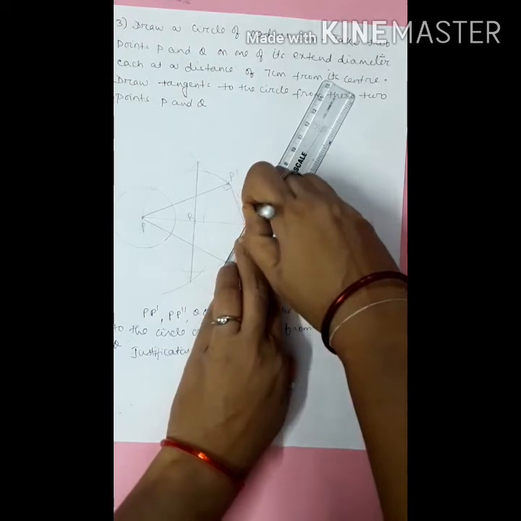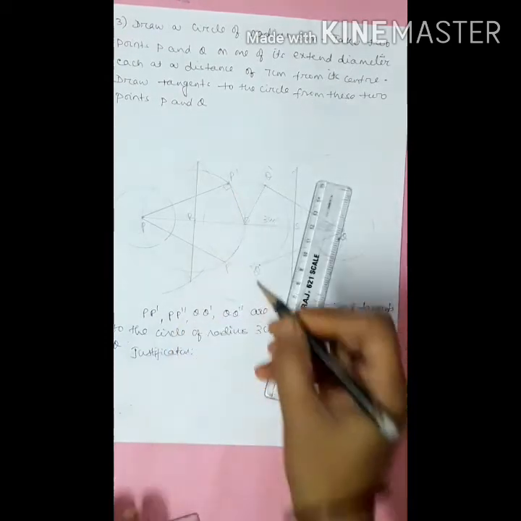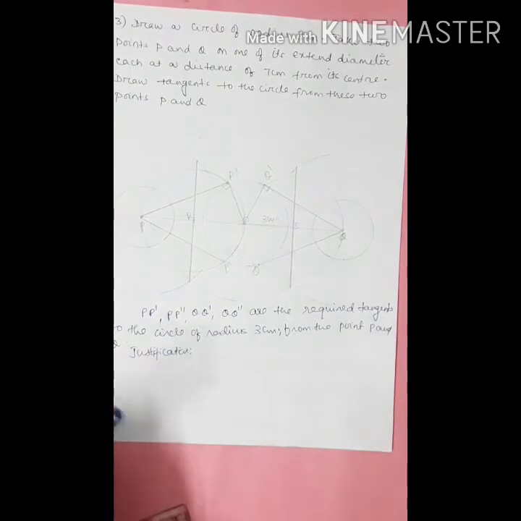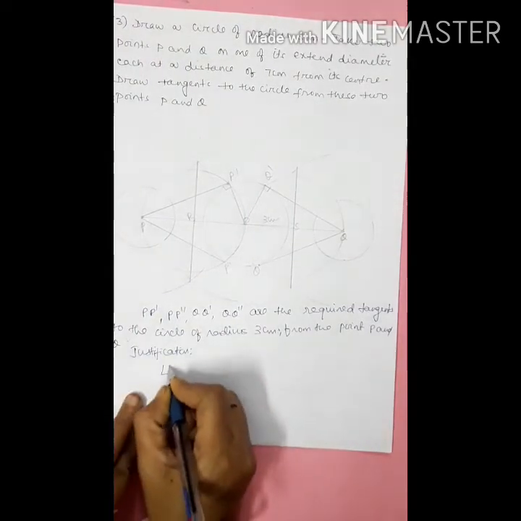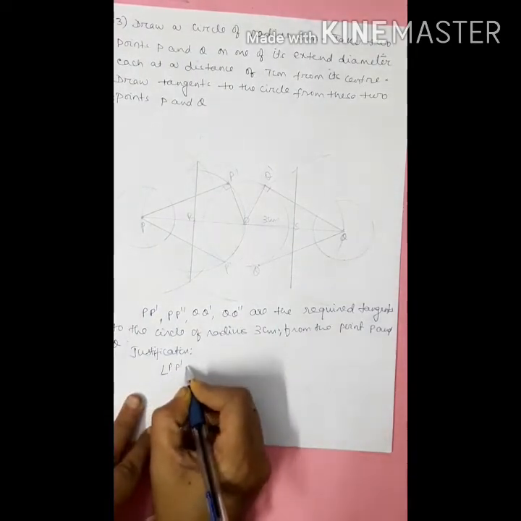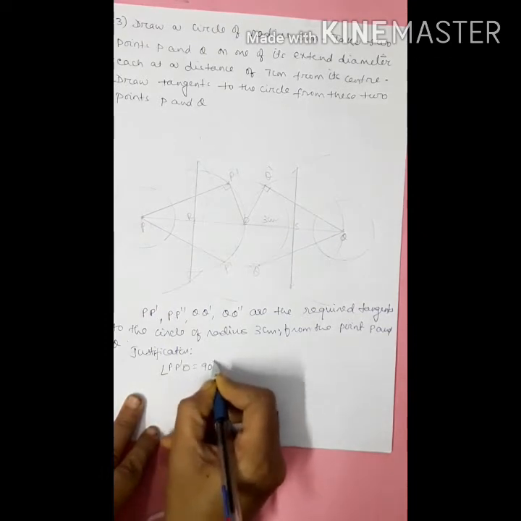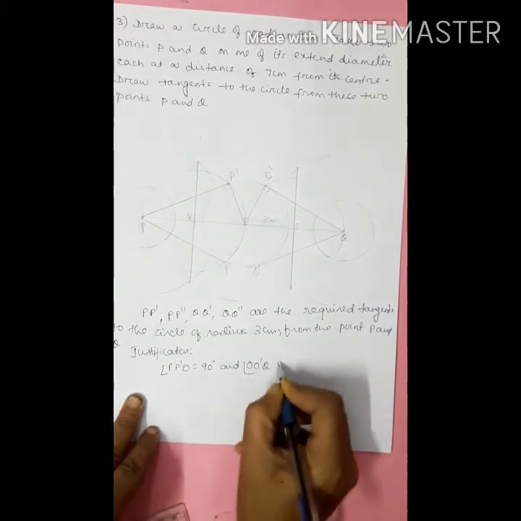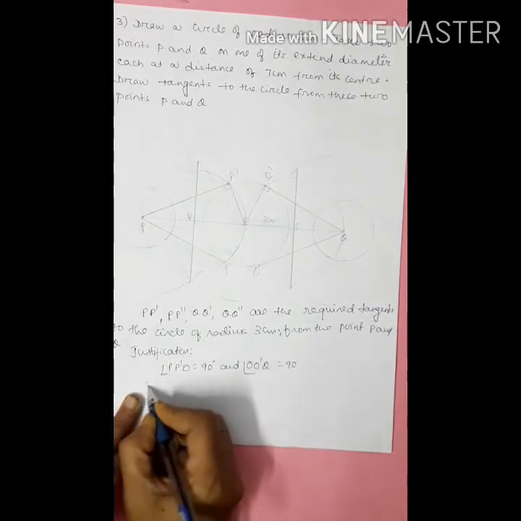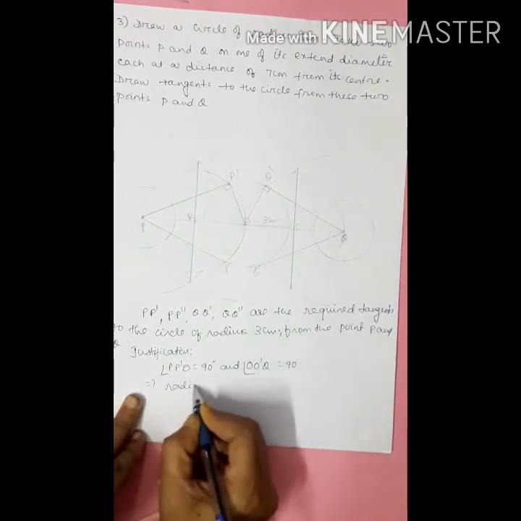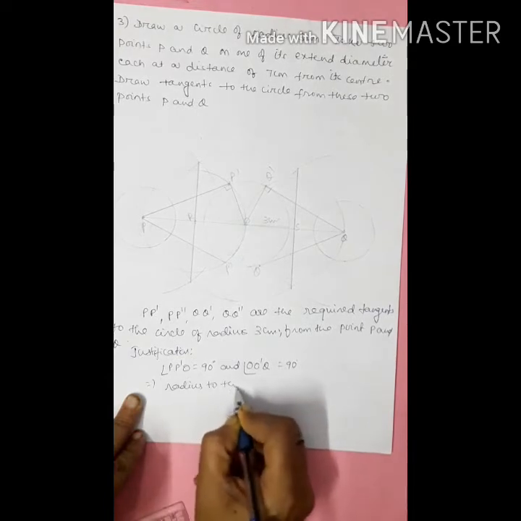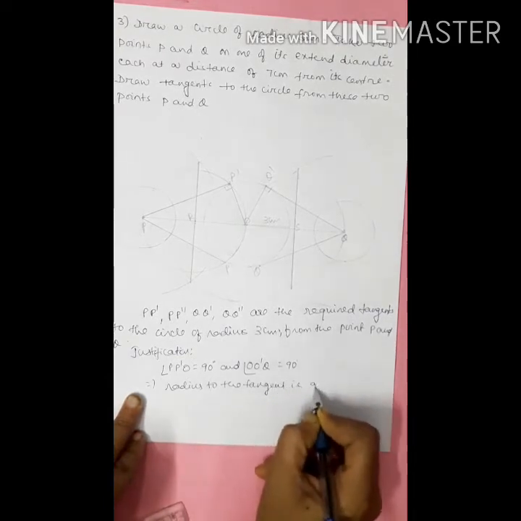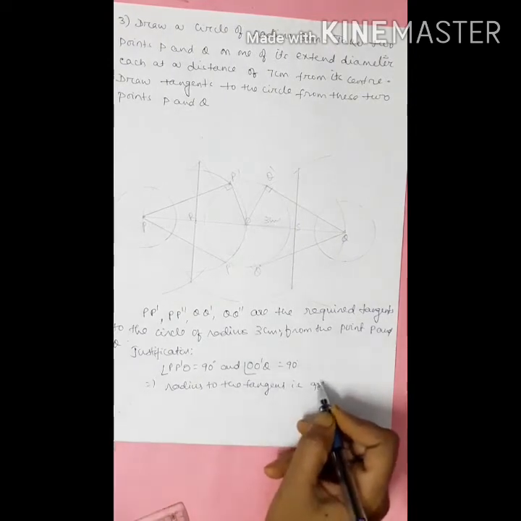It is also a radius to the tangent, and it is also 90 degrees. So the justification here: angle OP dash is equal to 90 degrees and angle OQ dash is also equal to 90 degrees. This implies the radius to the tangent is 90 degrees. This is the justification.